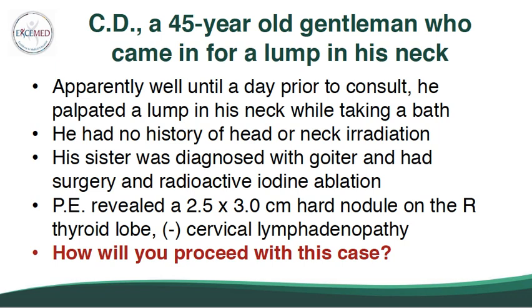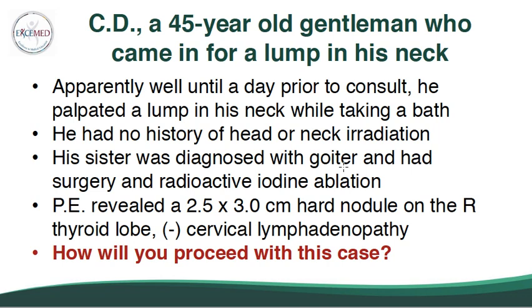CD, a 45-year-old gentleman, came in for a lump in his neck. Apparently well until a day prior to consult, he noted a lump in his neck while he was taking a bath. There's no history of head or neck irradiation, and there's a family history of goiter in his sister, who had surgery and radioactive iodine ablation for this goiter.